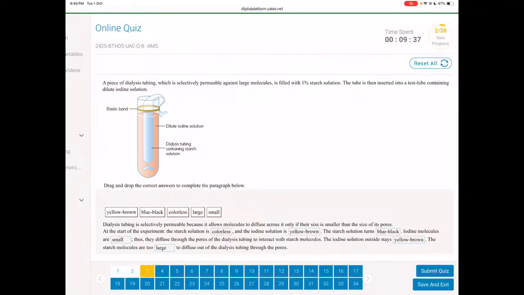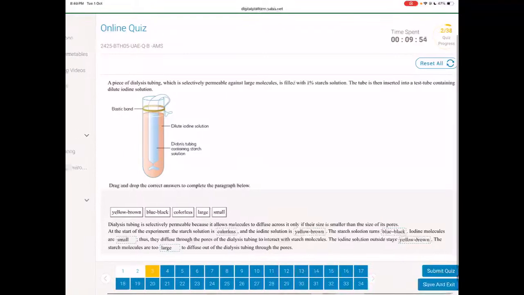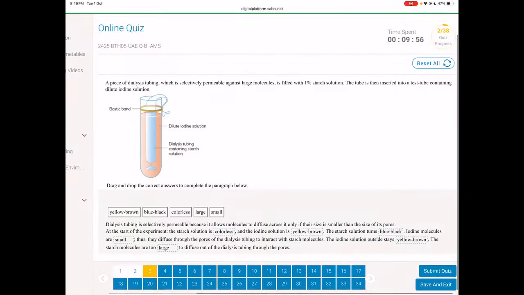It's because the iodine molecules are small, so they're able to pass through the selective membrane, and when starch is present with iodine, the solution turns blue-black, while the iodine solution will remain yellow-brown, which is its original color. Why? Because the starch in the dialysis tubing is too large to pass through, so there's no starch in the iodine solution, so it will remain yellow-brown.